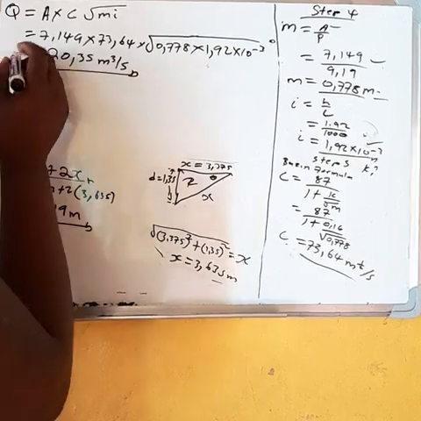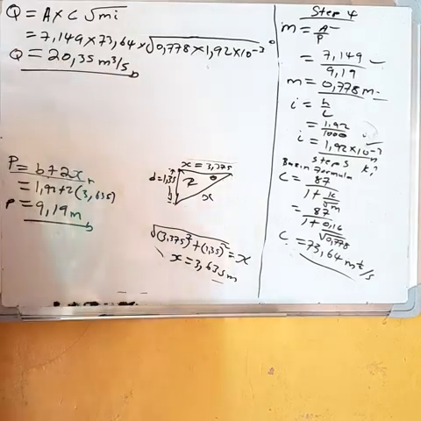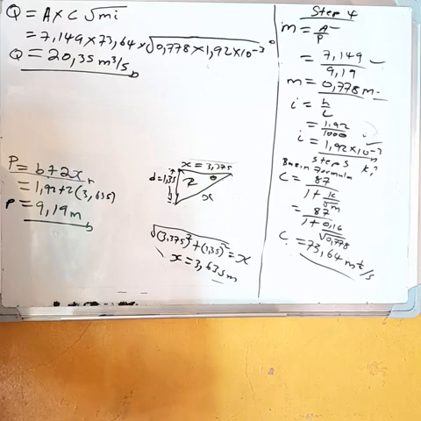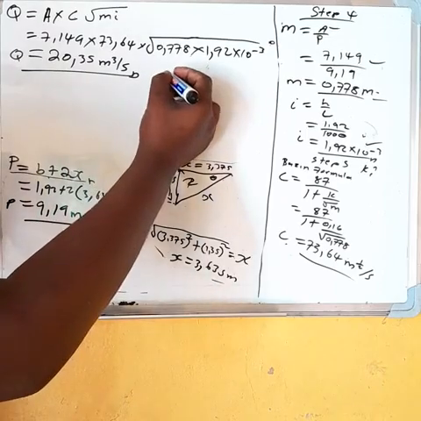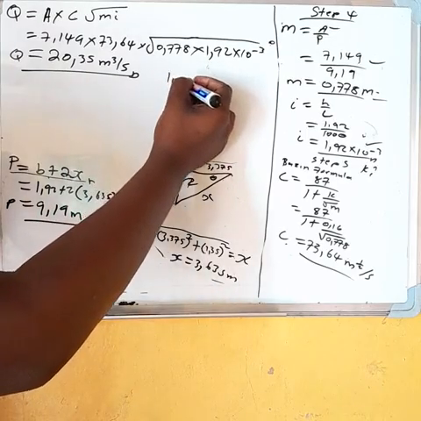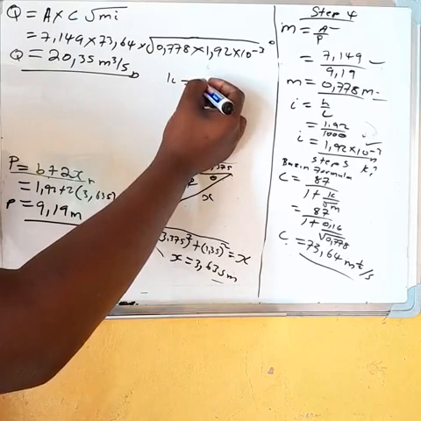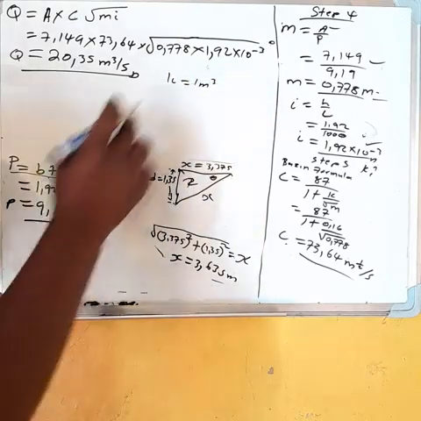Remember the answer is in cubic meters per second. If you want it in liters, remember you can want it in liters. You must remember that 1,000 liters is equal to 1 cubic meter.